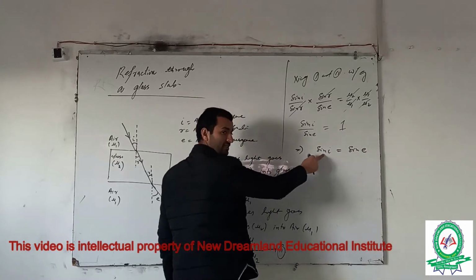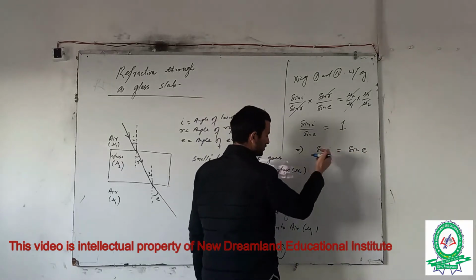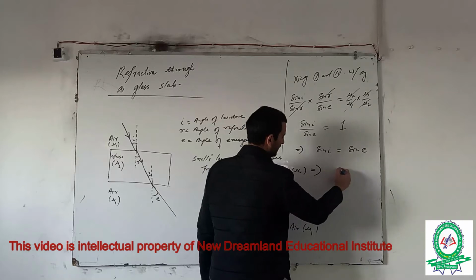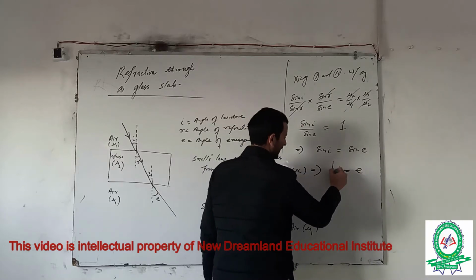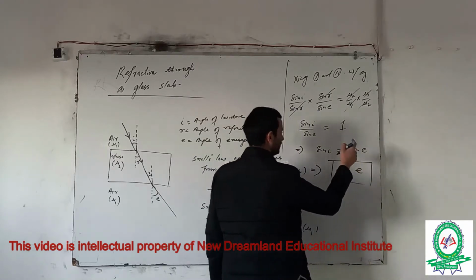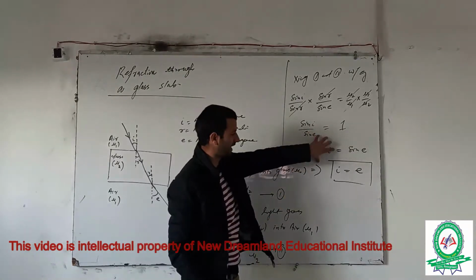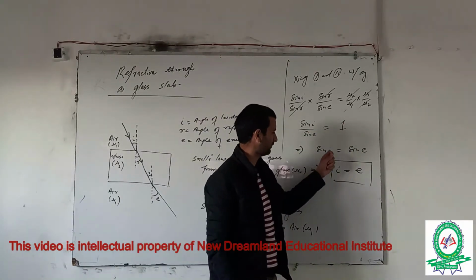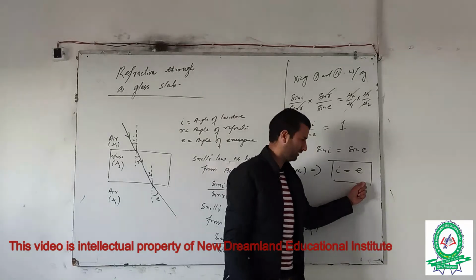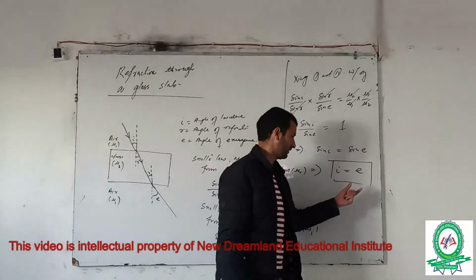Sine of angle of incidence equal to sine of angle of emergence, so ये कब possible है when I equal to E, that's when I equal to E, then sine of E equal to sine of I, या अगर sine I, sine E के बराबर है तो इसका मतलब है angle I, angle E बराबर है, angle of incidence equal to angle of emergence.